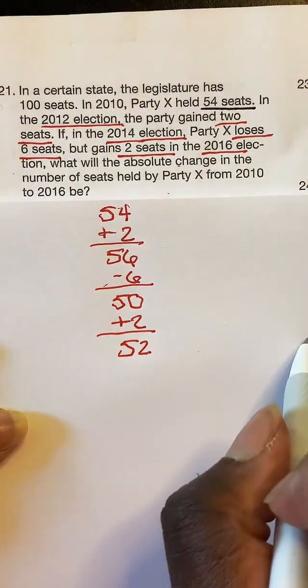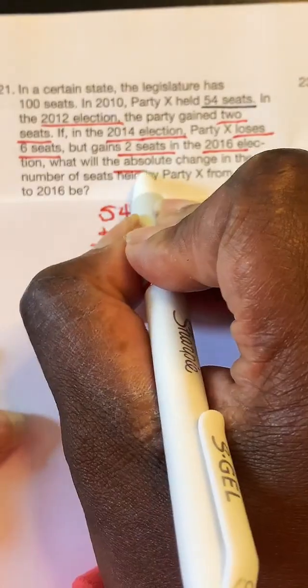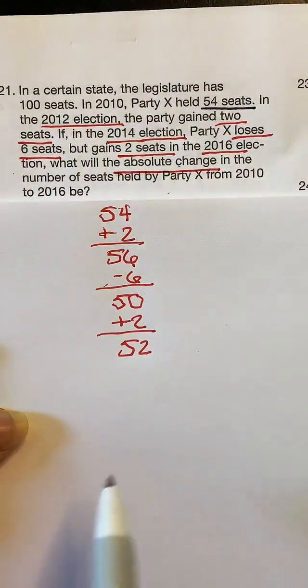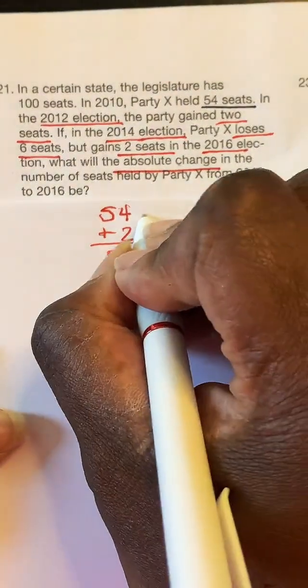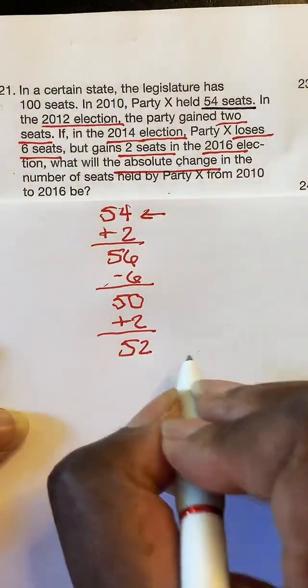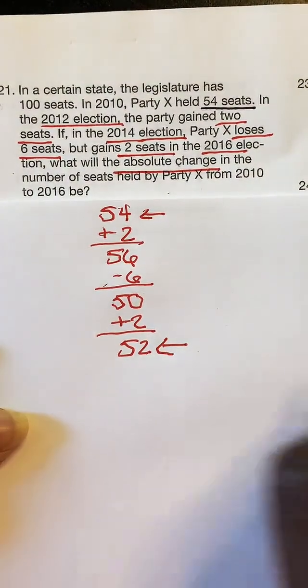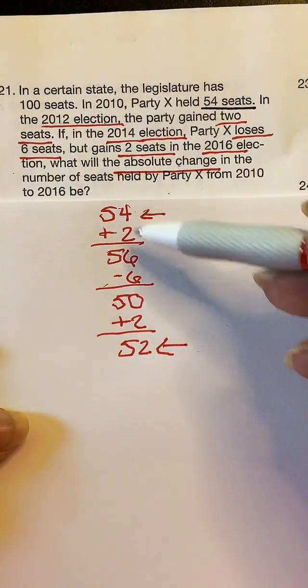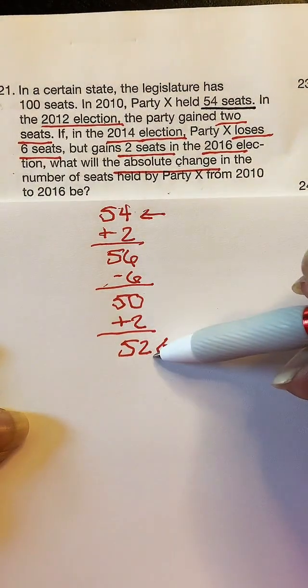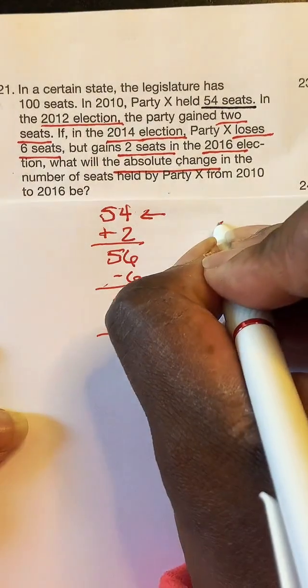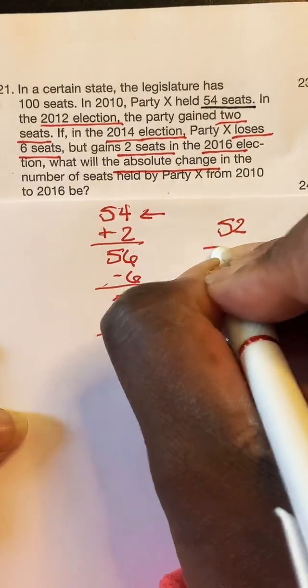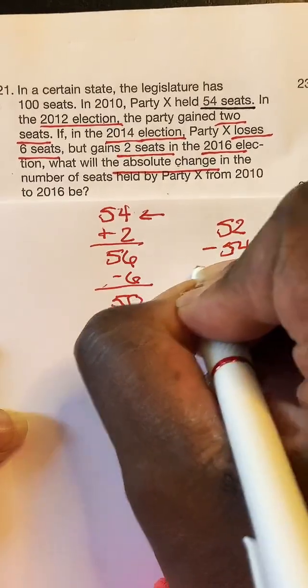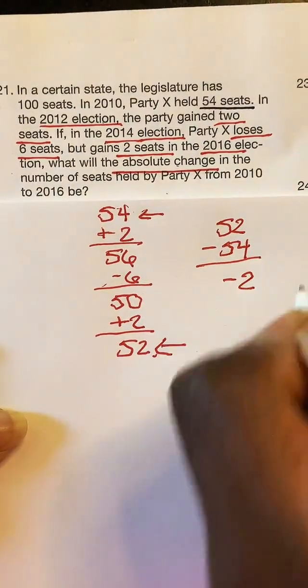But then this is what they want. What is the absolute change? So we started with 54. In 2016, we have 52. So for the difference of the 54 and the 52, if you did 52 minus 54 and you got a -2, that's fine.